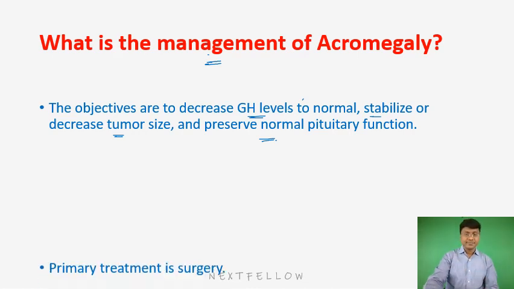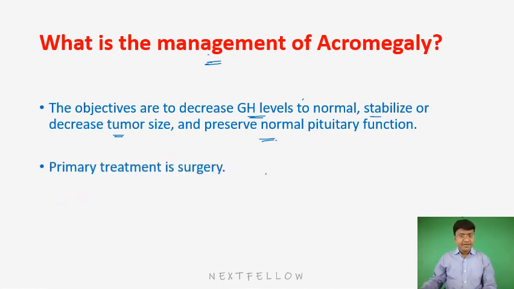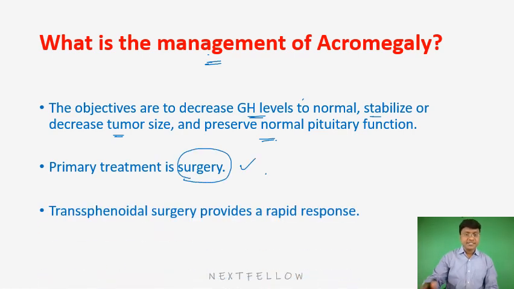That is the objective. So the primary treatment to reach that objective will be surgery, and that surgery will be transsphenoidal surgery, which provides the rapid response. So this will be the ideal management in patients with acromegaly.